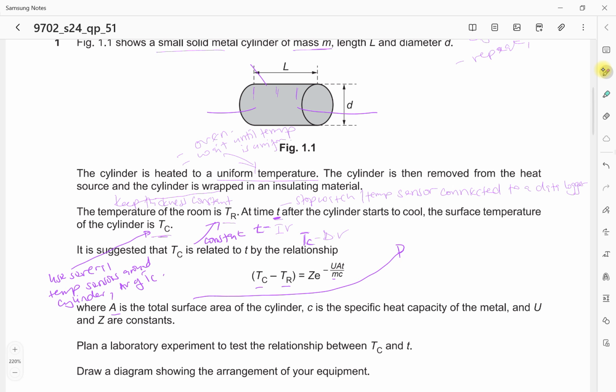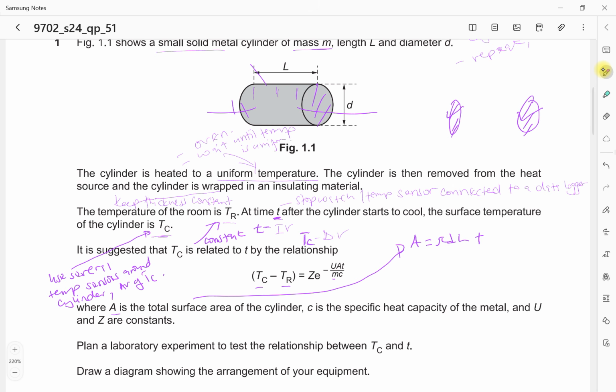Total surface area of the cylinder is equal to the circumference times the length, that is pi d times the length of the cylinder, plus the area of this end and the other back end, because if it is a cylinder looked at like this, let's say this end is closed and the other end is closed, so I will have to add the area of this plus the area of this.